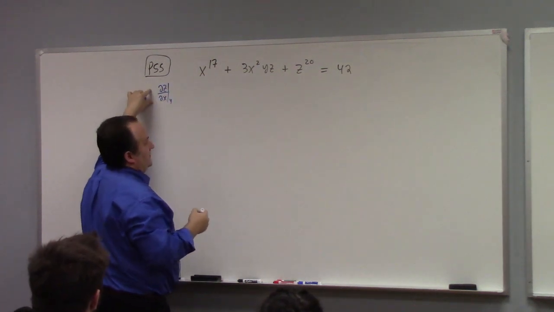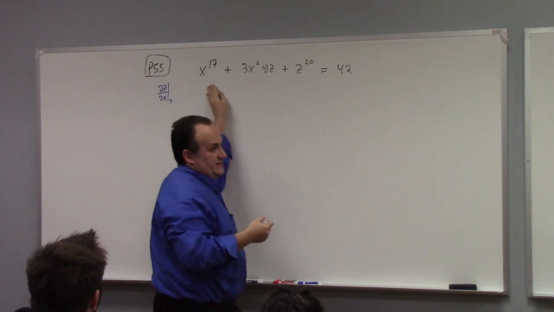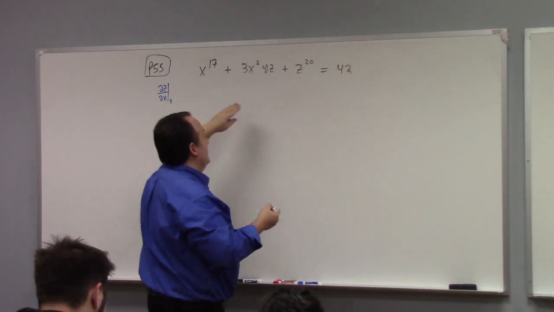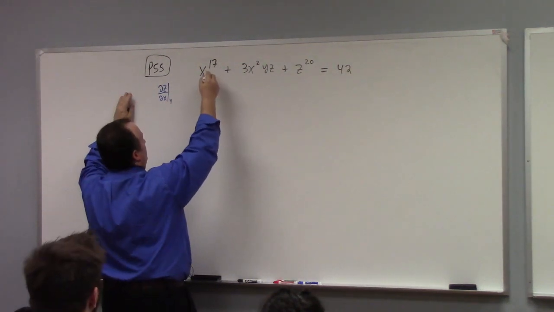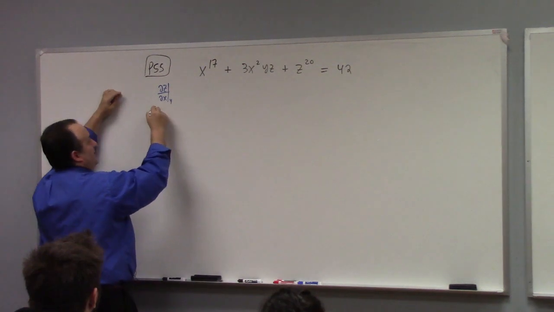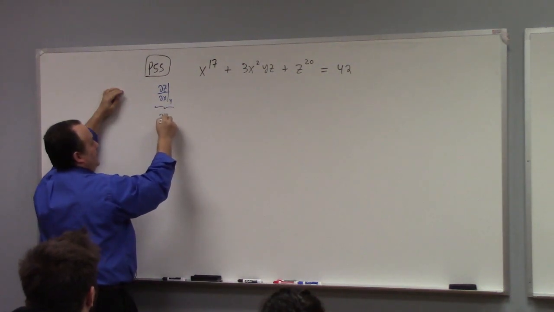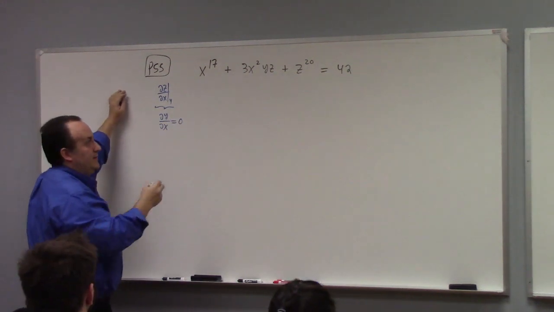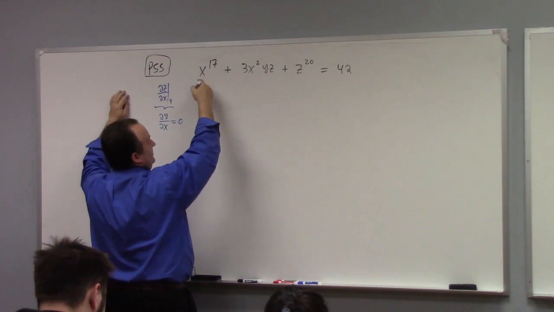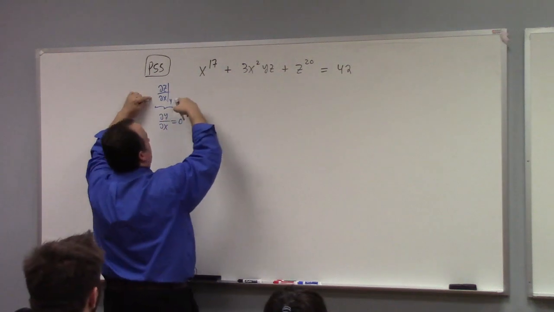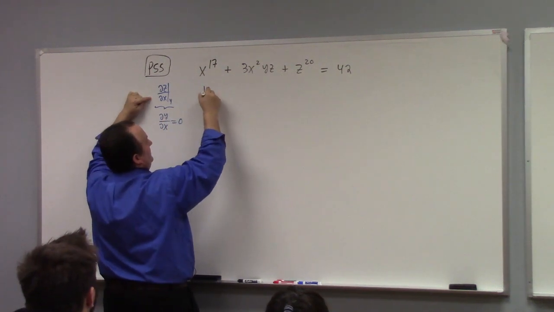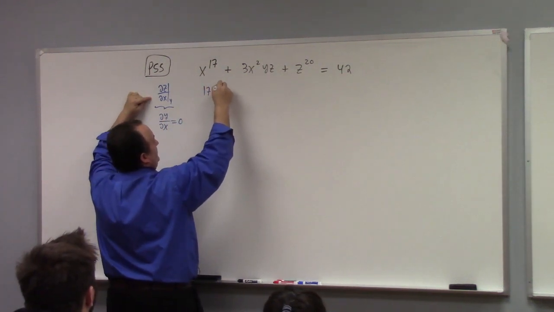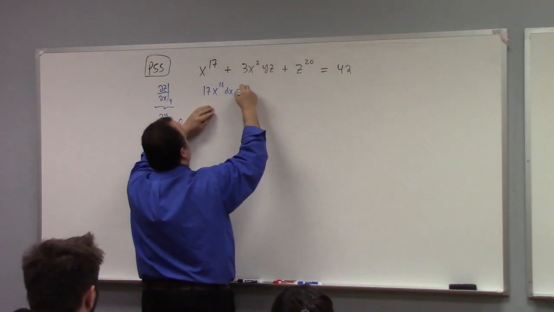I could calculate this by just taking the partial derivative of this with respect to that variable. The main thing you've got to remember is that partial y, partial x is equal to 0. So if I take the partial derivative of this equation with respect to x holding y fixed, I'd get 17x to the 16th dx.